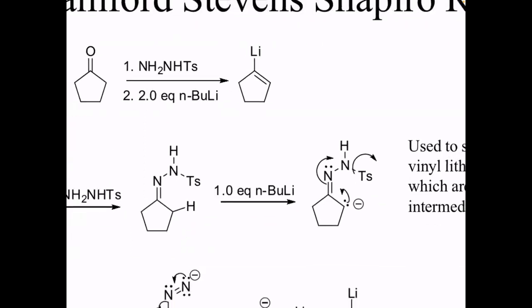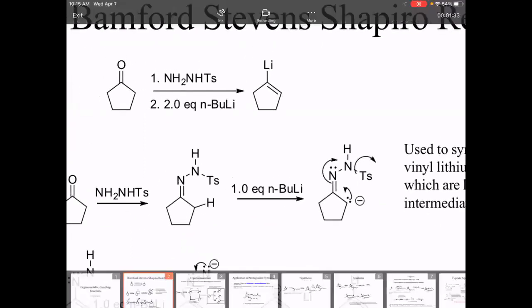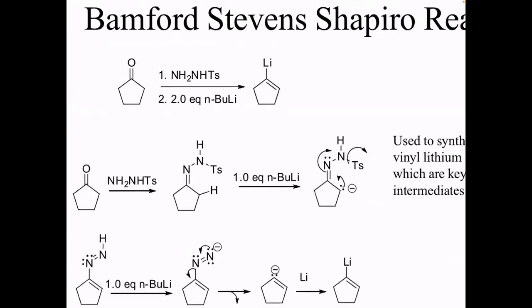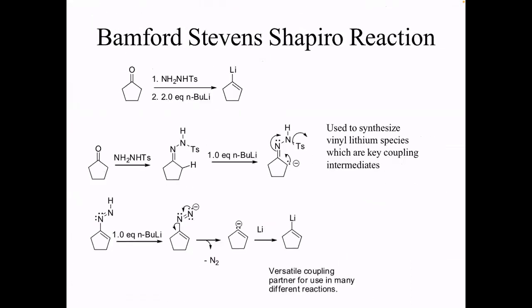So the synthesis of that vinyl lithium is a great precursor to other organometallic species. You can take that vinyl lithium and basically do anything with it if you're wanting to extend a carbon-carbon bond framework.